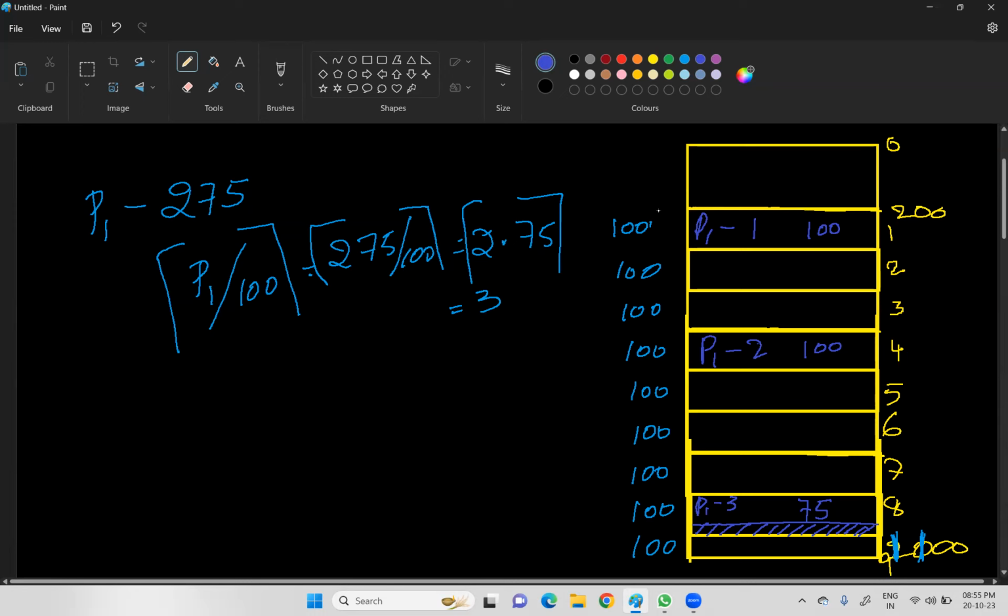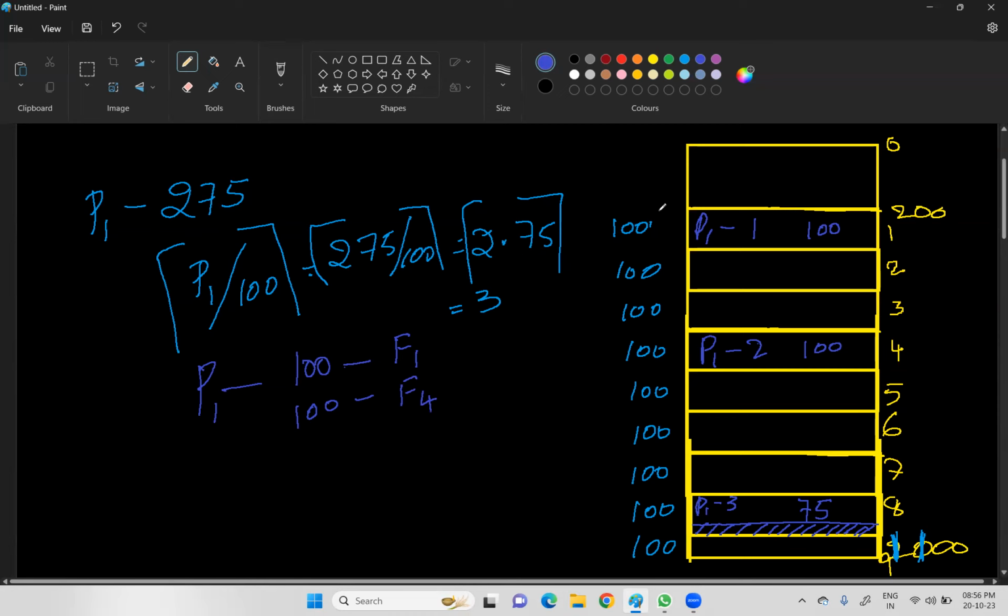Now, this particular process, P1, is sent for execution. The first 100 instructions are available at frame 1. The second 100 instructions are available at frame 4.